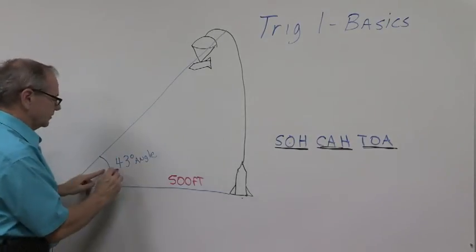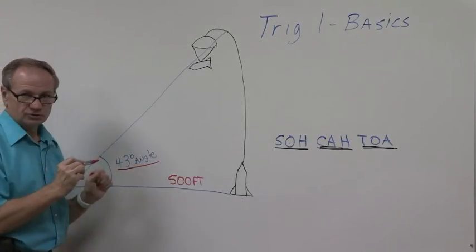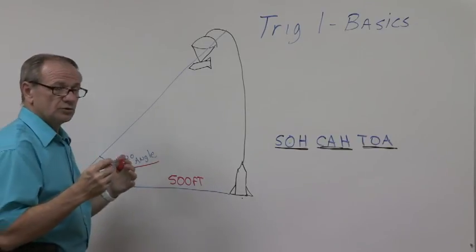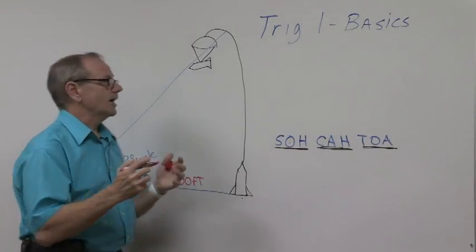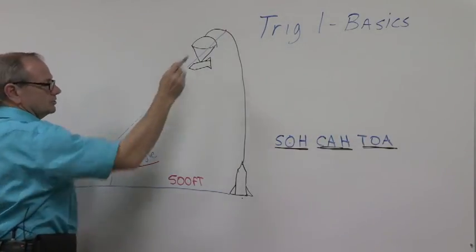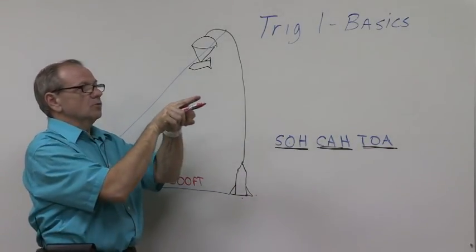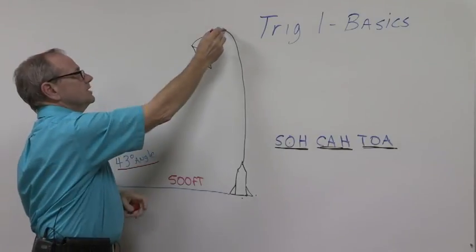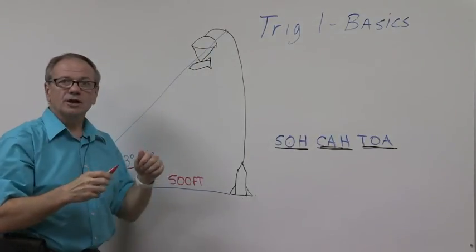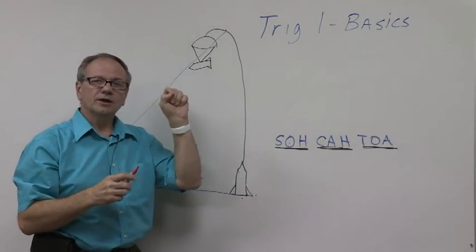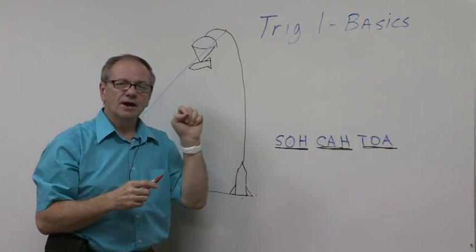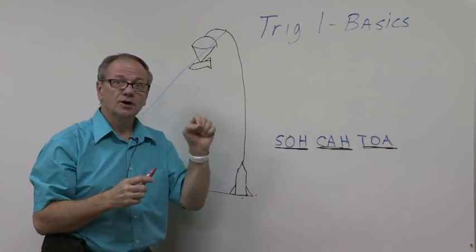And we would write down the angle, 43 degrees for instance. Then we would use a trig table to tell us how high the rocket went. So we fire the rocket, it goes up, and somebody's watching it go all the way up, and when it reaches the peak right here, before the parachute comes out, we mark that, and we know that angle. So now let's see, how high did our rocket go?